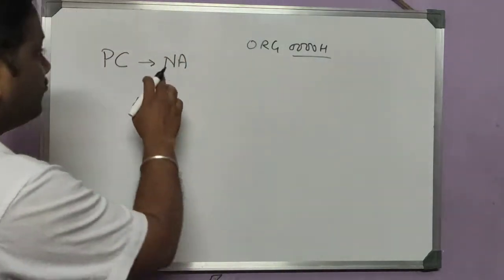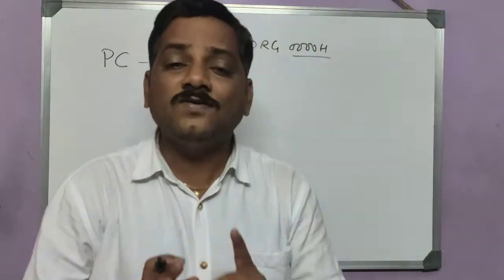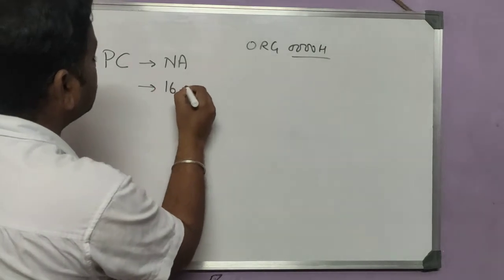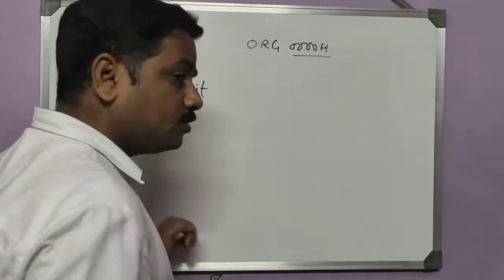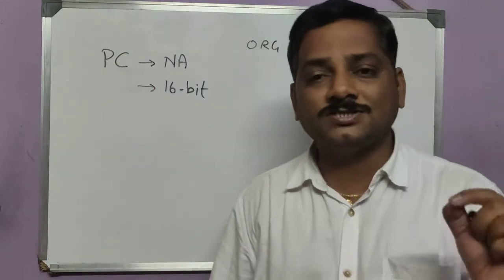So that is one major thing you need to understand about the program counter. And we have one more speciality about it. This is the only register which is 16-bit. The size of the program counter is 16-bit. Anyhow, the microcontroller is an 8-bit processor, but the program counter is a 16-bit register. It will store a 16-bit address.